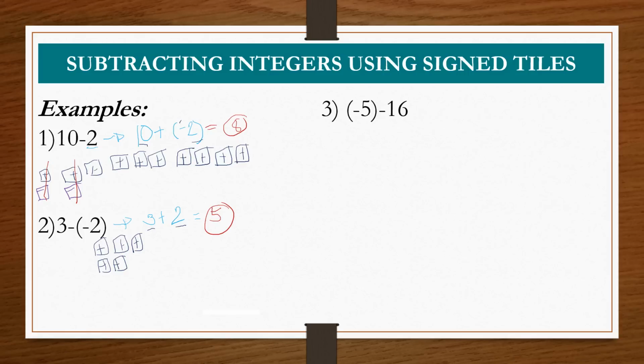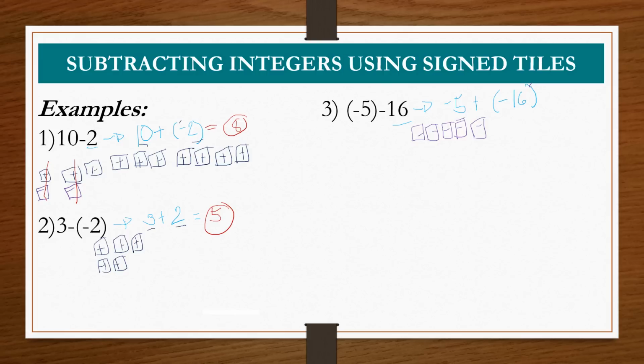Example number 3, so we have -5 minus 16. Let us rewrite it first. So the minuend is still the same, -5. Our operation will become addition, and then +16 will be -16. Now we can represent them using tiles. Let's first represent -5. So we have 1, 2, 3, 4, and 5 negative tiles.